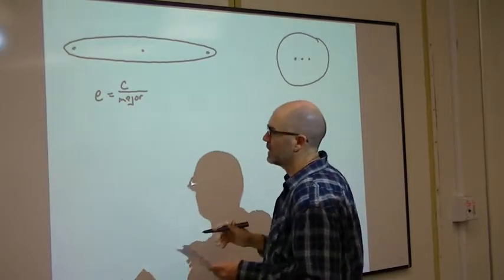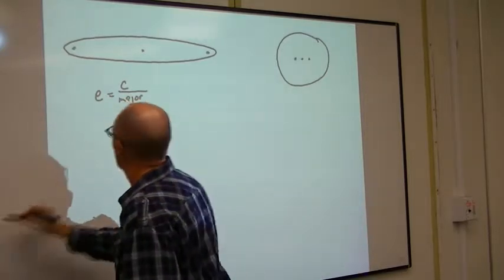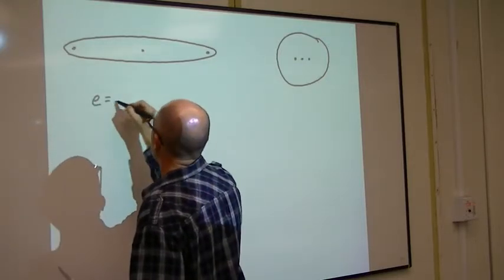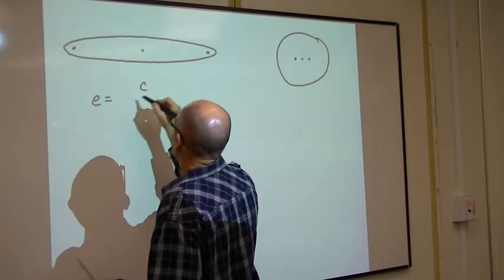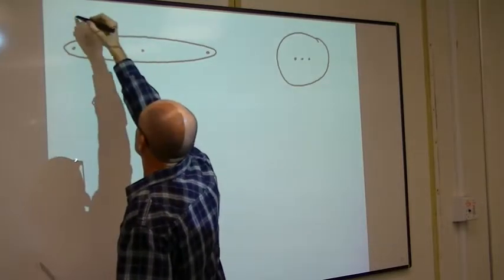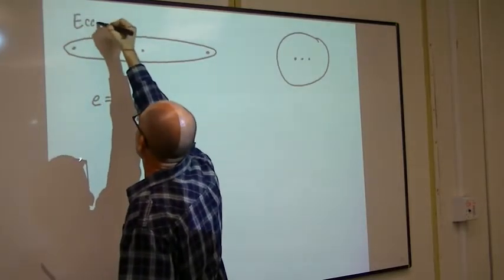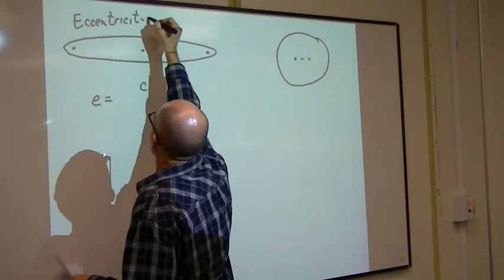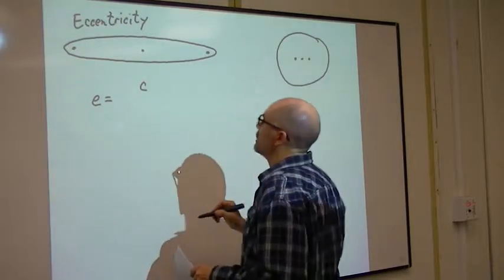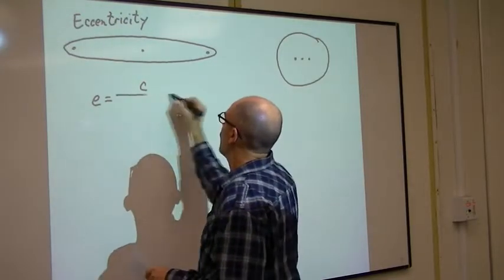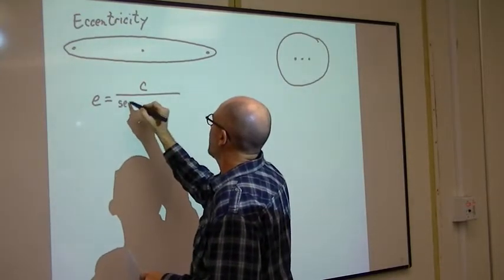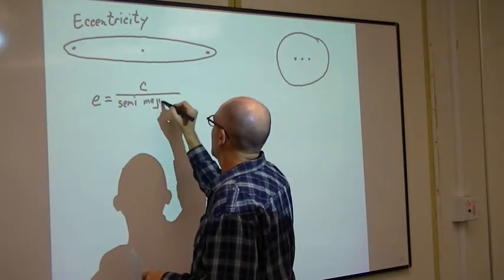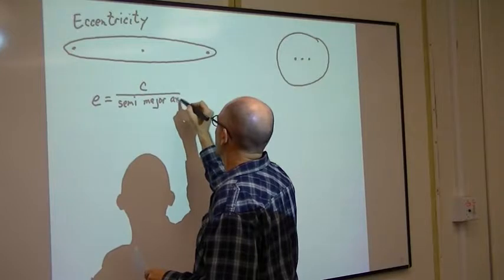Actually, to be more precise here, eccentricity equals c over the semi-major axis.